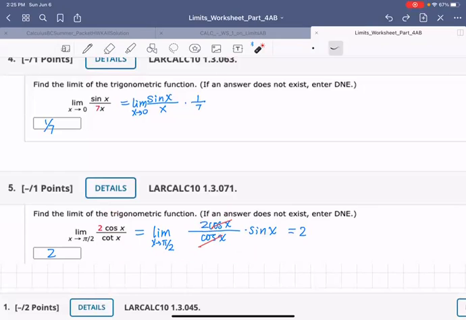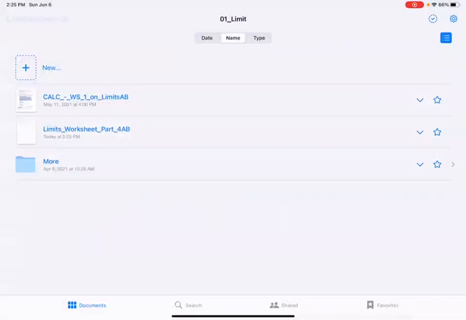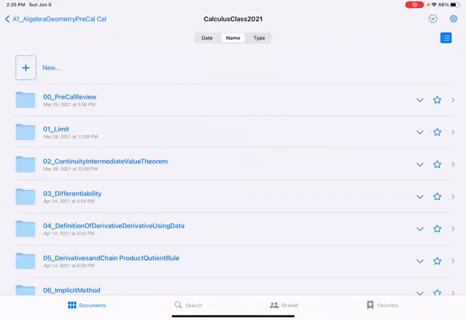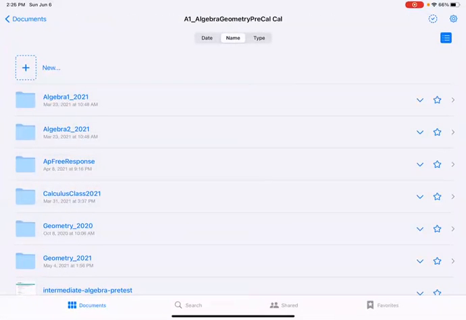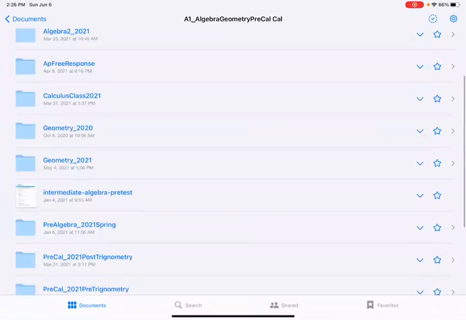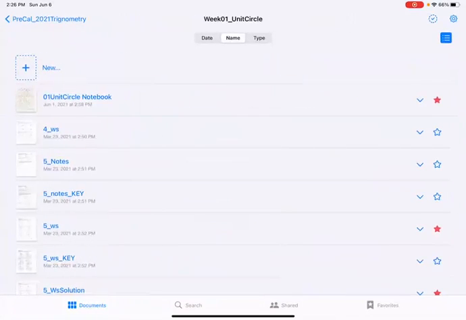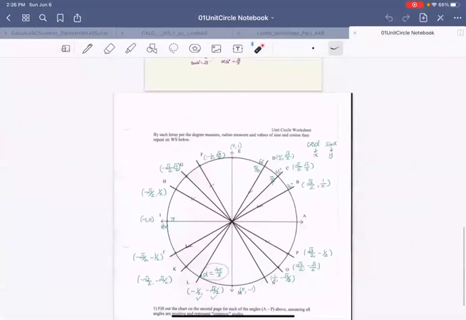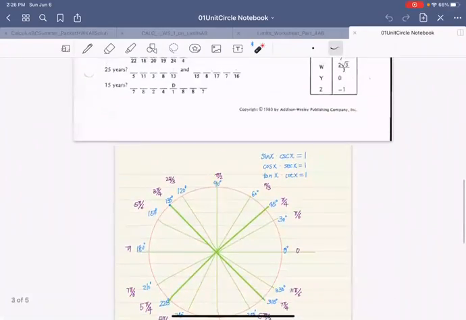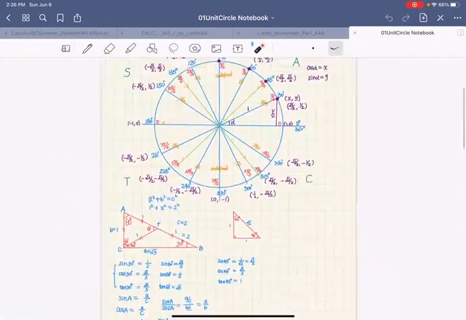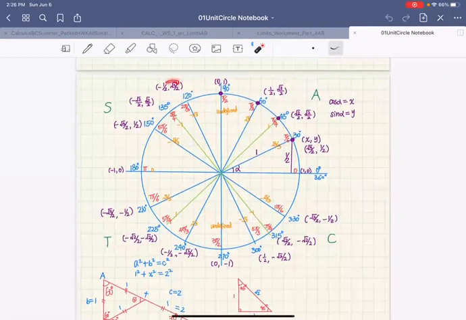Now, some students get it wrong because of those trigonometry values. So I will also upload a unit circle. This is my class for the summer. Students, if you haven't remembered all the unit circle values, I will upload this to the Google Drive.